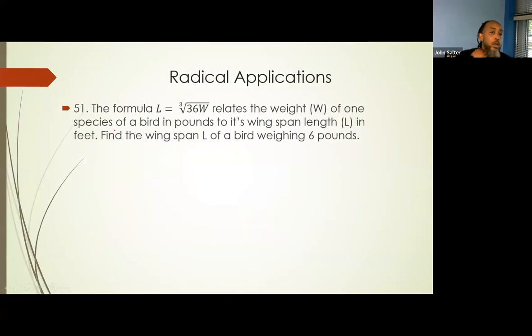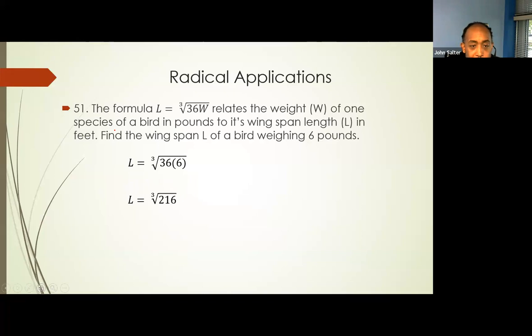Cool. The formula L equals cube root of 36W relates the weight of one species of bird to its wingspan length in feet. Find the wingspan L of a bird that weighs 6 pounds. They gave me this equation, and W is the weight, and they said the weight is 6 pounds, so I substitute W for 6.